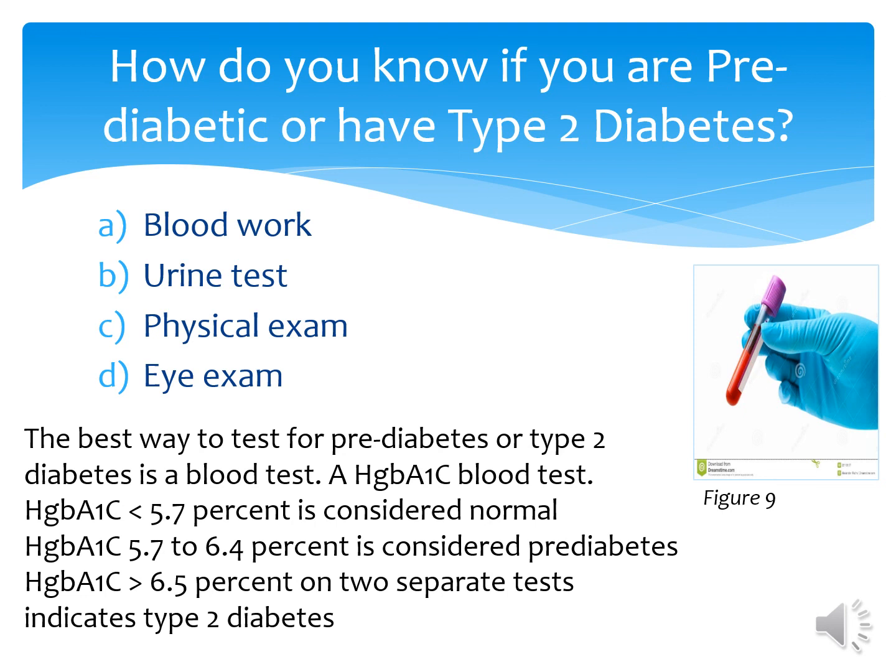If you have a hemoglobin A1C of less than 5.7%, that is considered normal. A hemoglobin A1C of 5.7 to 6.4% is considered prediabetes. A hemoglobin A1C of greater than 6.5% on two separate tests indicates type 2 diabetes.